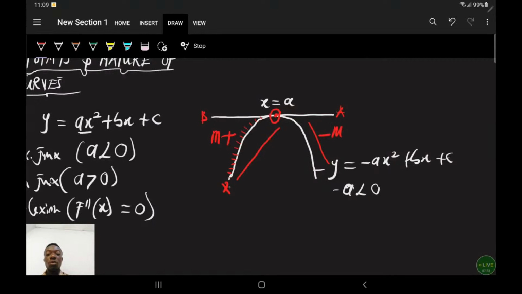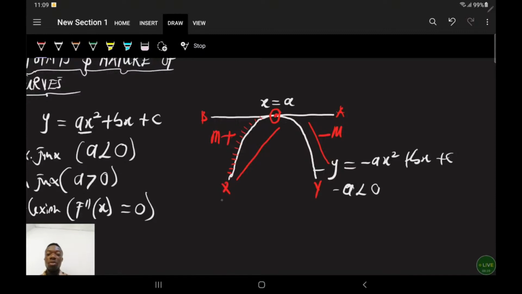So when you move from left to right of this maximum curve, the sign changes from positive to negative. When you ascend, the gradient is positive; when you descend, it is negative.